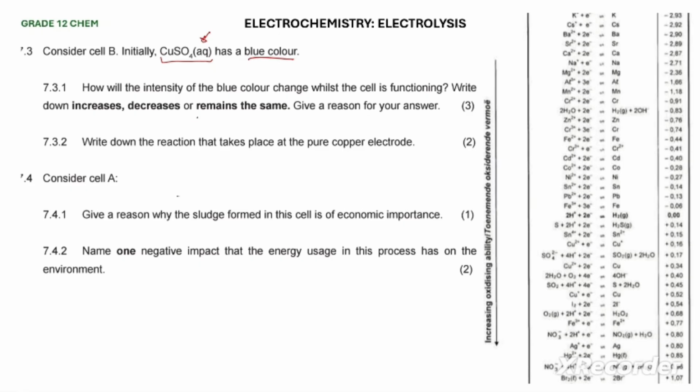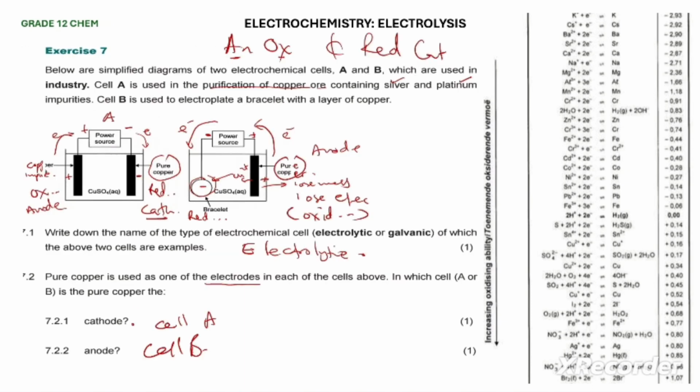Remember, we're not breaking down copper sulfate like we did in the previous question. What's happening here is we're electroplating something or purifying some metal. So the concentration of copper sulfate should remain constant, should remain the same.